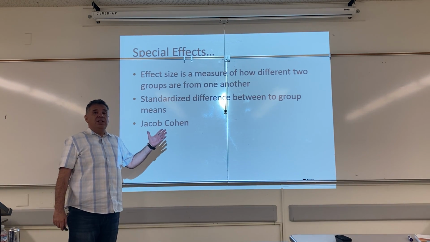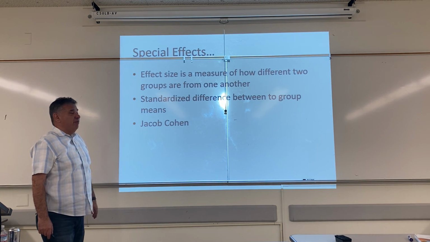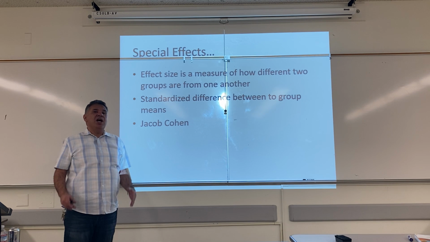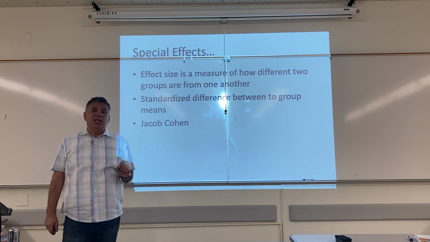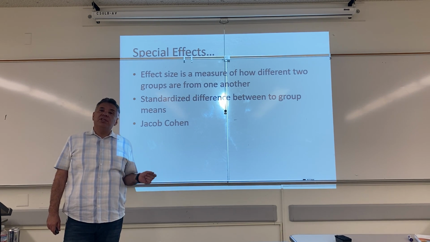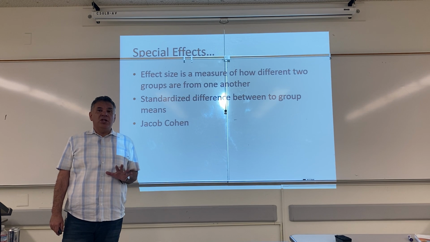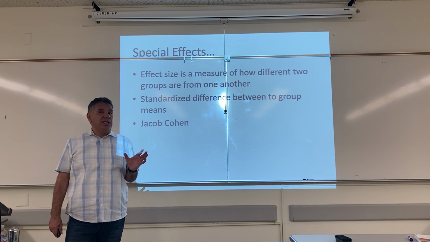Last topic in chapter 11 that I want to talk to you about is effect sizes. So what are effect sizes? It's a way of quantifying the difference between two groups. Significance tests tell us, is it better for us to believe the difference is real or is the difference non-real? When the results of the test are significant, what we're saying is the difference is real.